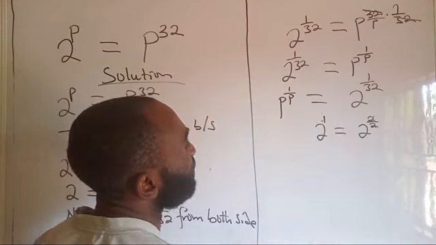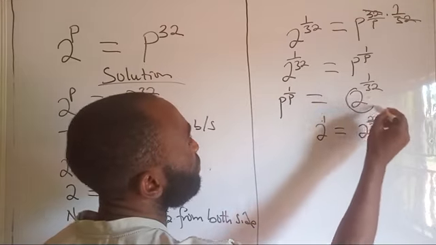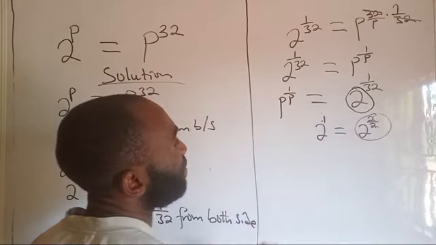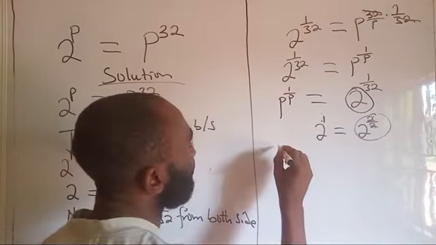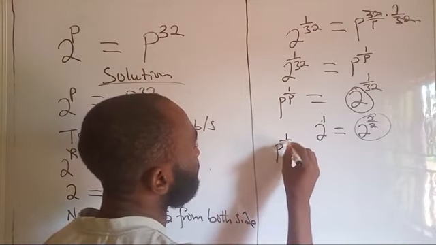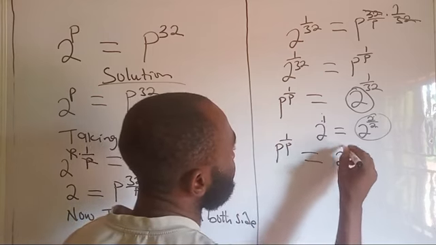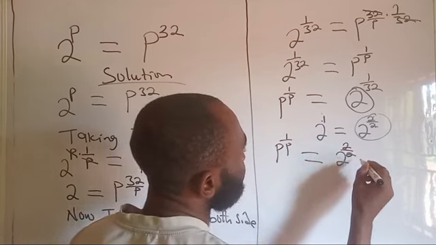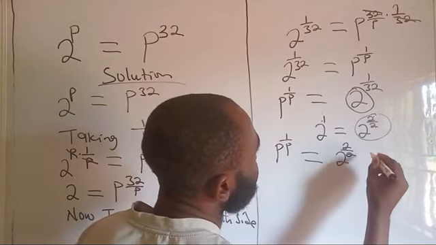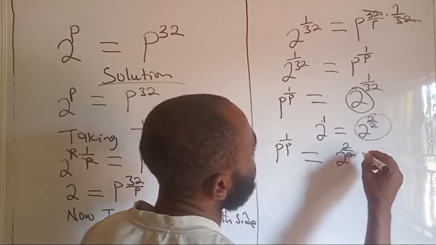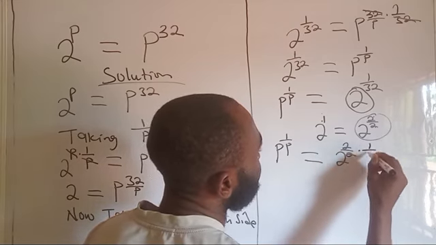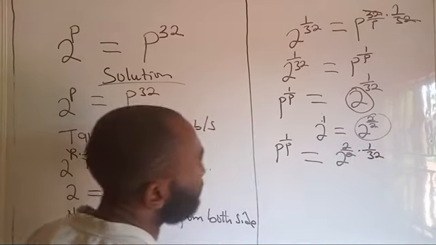So we have not changed anything. So that gives us p raised to the power of 1 all over p is equal to 2 raised to the power of 2 all over 2, then times 1 all over 32.